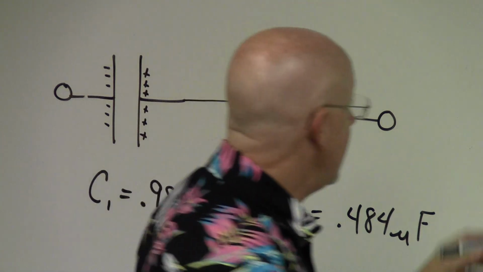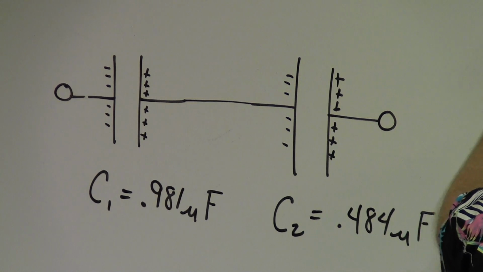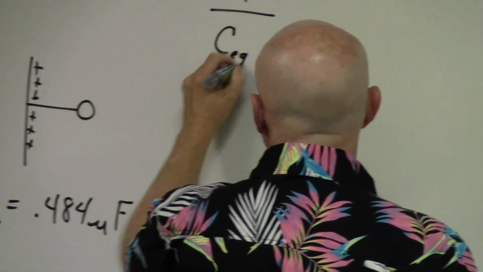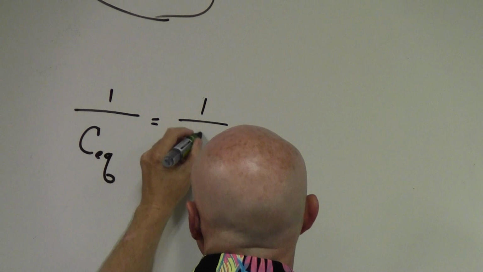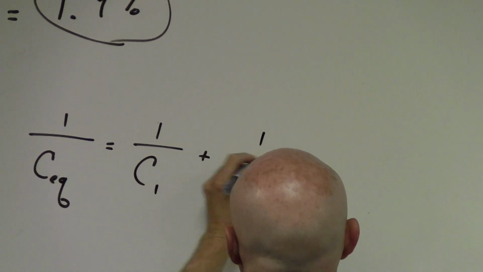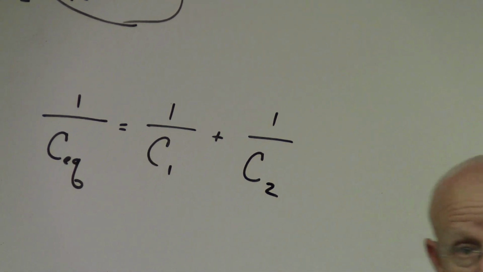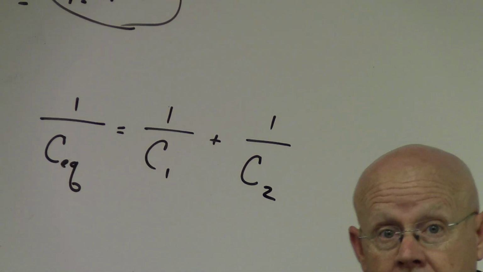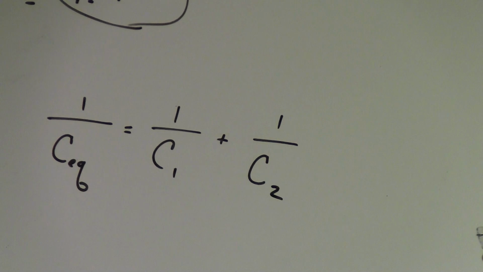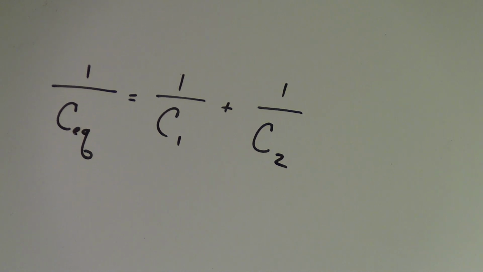What we learned in the lecture, let me write it here, is that the equivalent capacitance is related to the capacitance of the other two. And so this is that nice little formula. What would this be equivalent to?